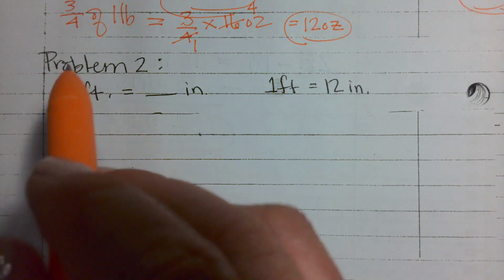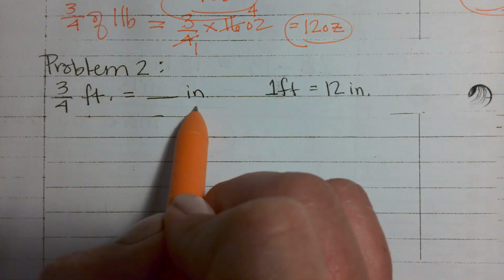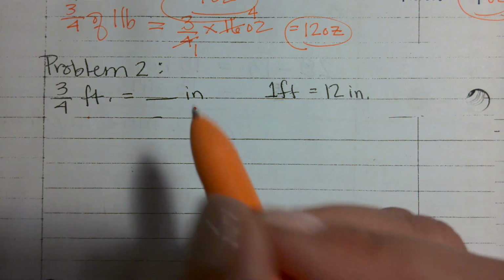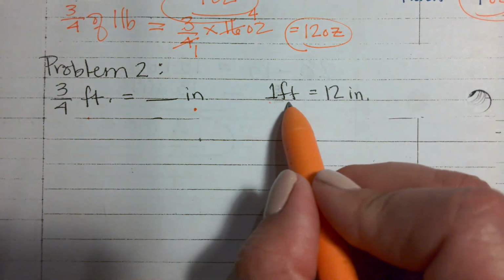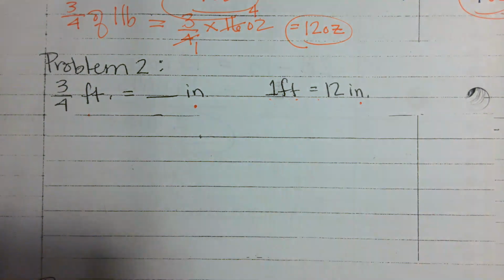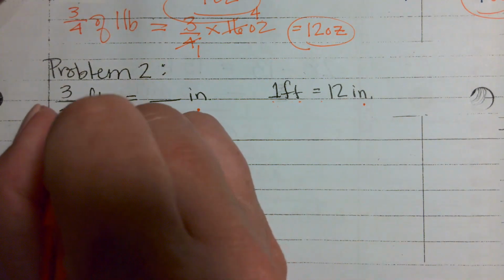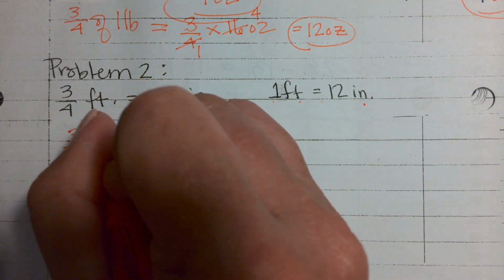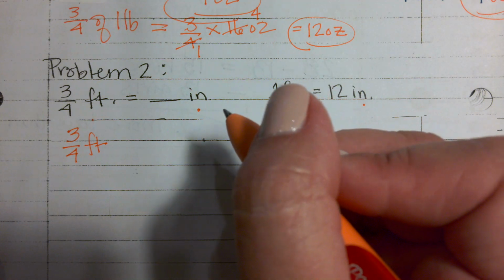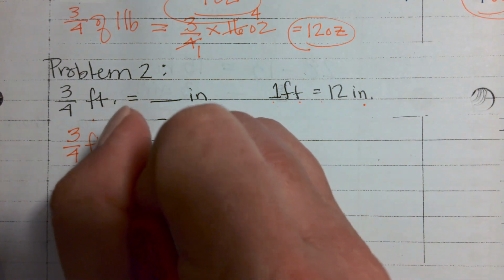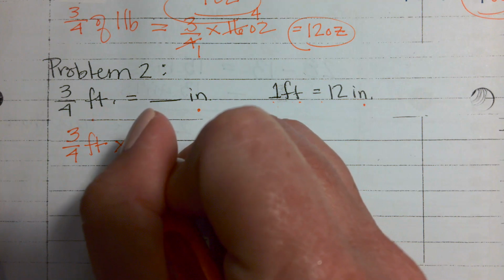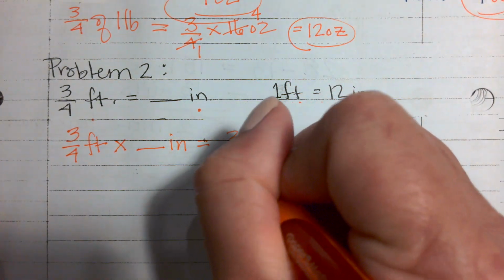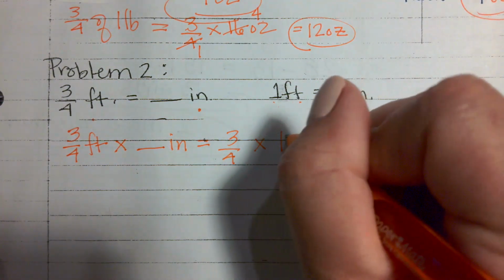3/4 of a foot. So we're taking a larger unit and expressing it in a smaller unit. Okay. So here we go. There's 1 foot is equal to 12 inches. So like I showed you before, you're going to go 3/4 of a foot, right, times inches, right, is going to give you 3/4 times 12 inches.